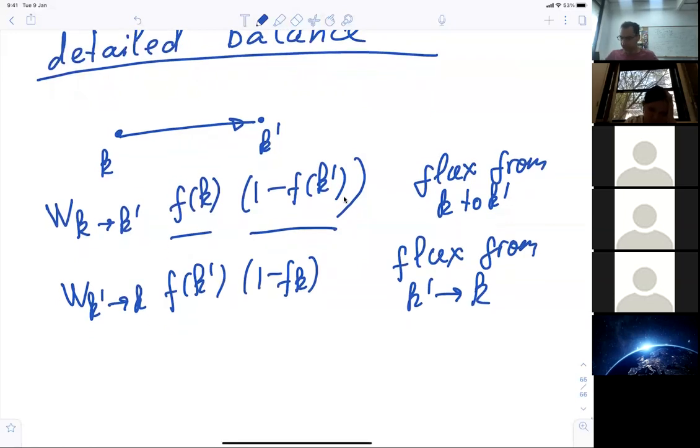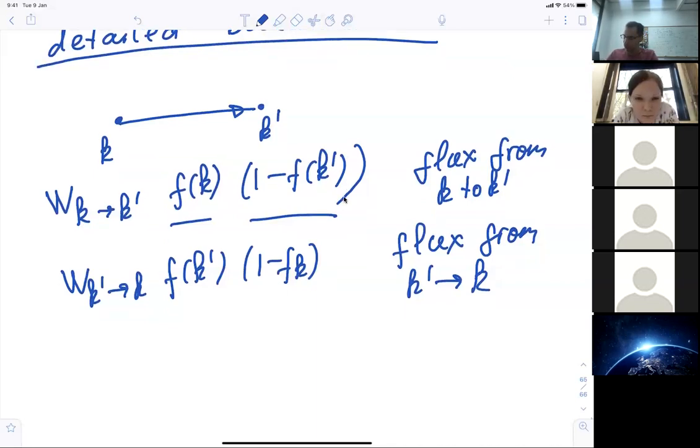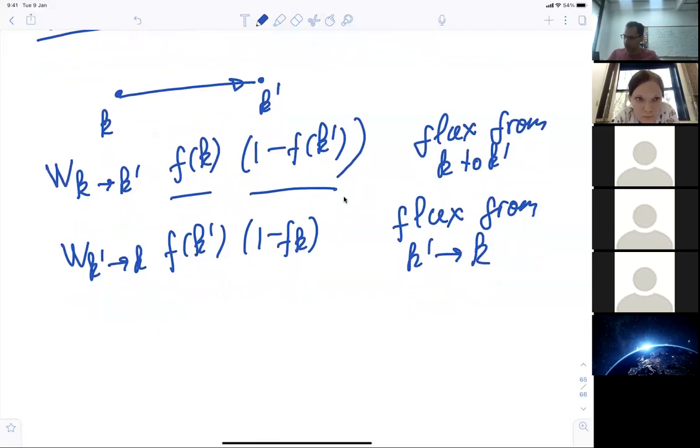And now, imagine for a second that the system is at equilibrium. What does it mean? Let me divide the statement into two.